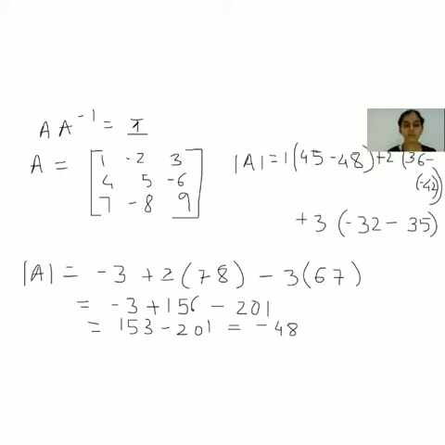So the determinant value of this is minus 48. It is not equal to 0, and therefore the inverse exists.